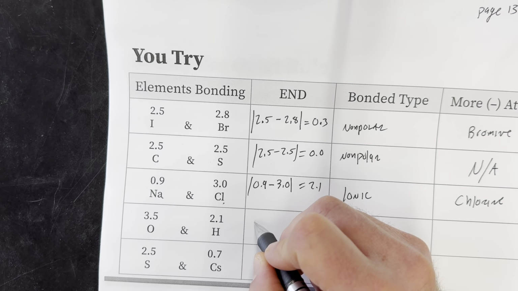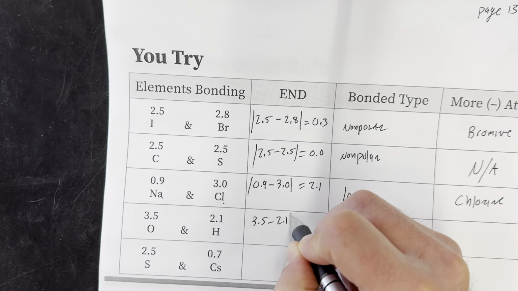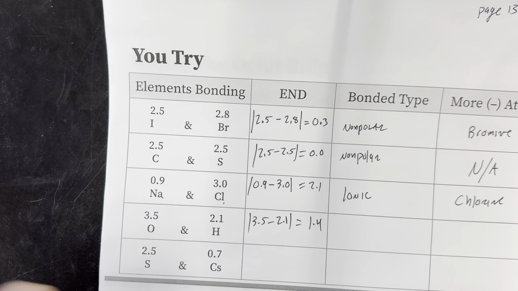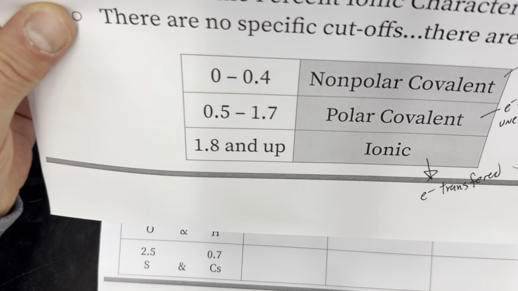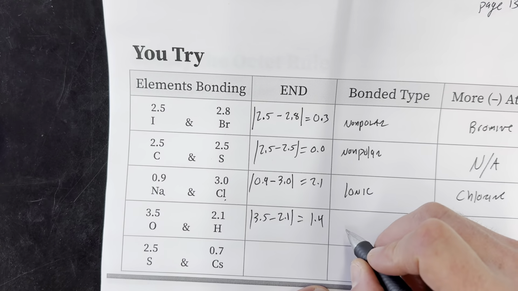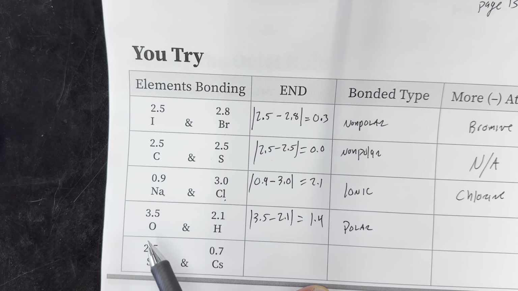Here we have oxygen, which is 3.5, and hydrogen, which is 2.1, and we subtract, and I believe it's 1.4. 1.4 falls in the range of polar covalency, so this is polar covalent. Again, the larger the electronegativity value, the stronger the pull of the electron toward that atom, so the more negative atom is going to be oxygen.